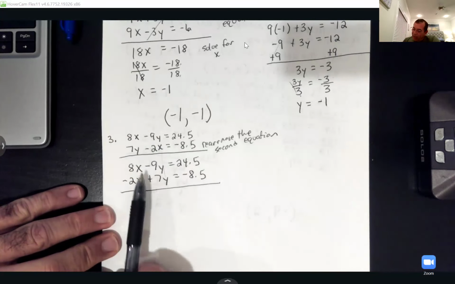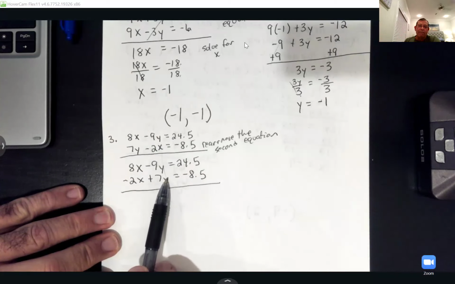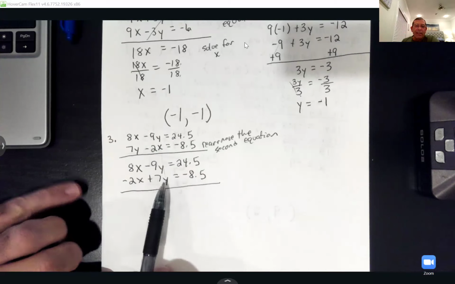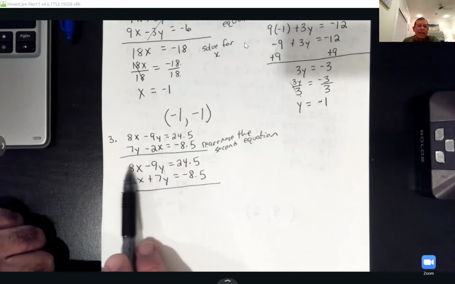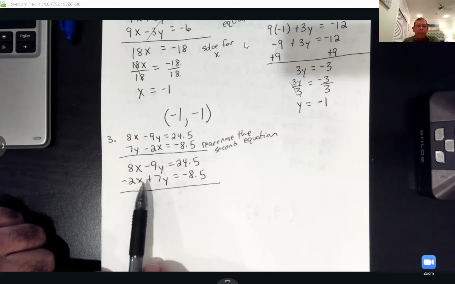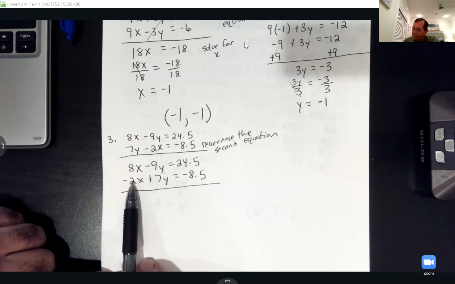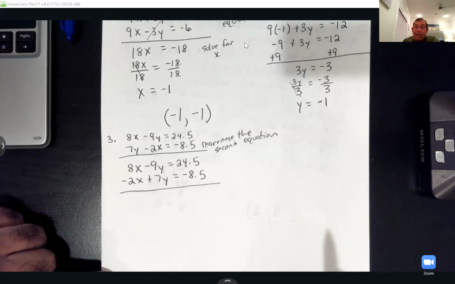So y'all look here: 8x, negative 2x, 9y, 7y. We have to pick out which variable we think is easier to eliminate. I'm looking at these x's because I have an 8 and a negative 2. If I multiply this whole row by 4, that'll give me a negative 8x here. To eliminate the y, we would have to find the smallest number that 9 and 7 go into.